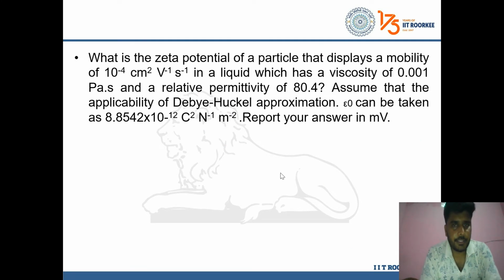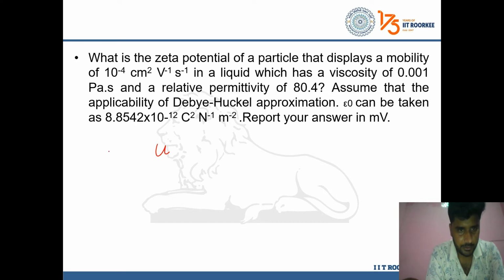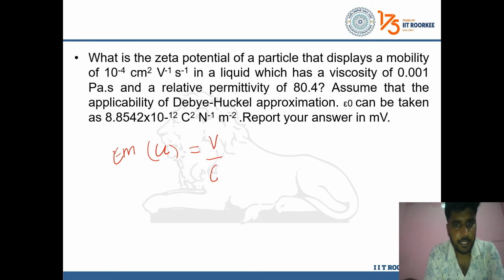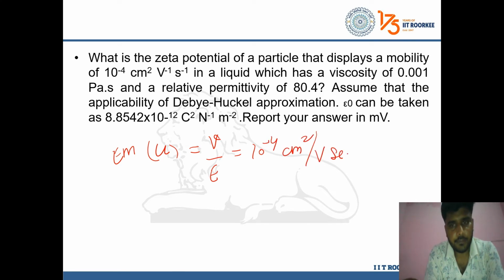So the next question is, what is the zeta potential of a particle that displays a mobility of 10 raised to minus 4 centimeter square per volt second? Let me denote the electrophoretic mobility by U, which is V by E, velocity of the particle, that is 10 raised to minus 4 centimeter square per volt second.